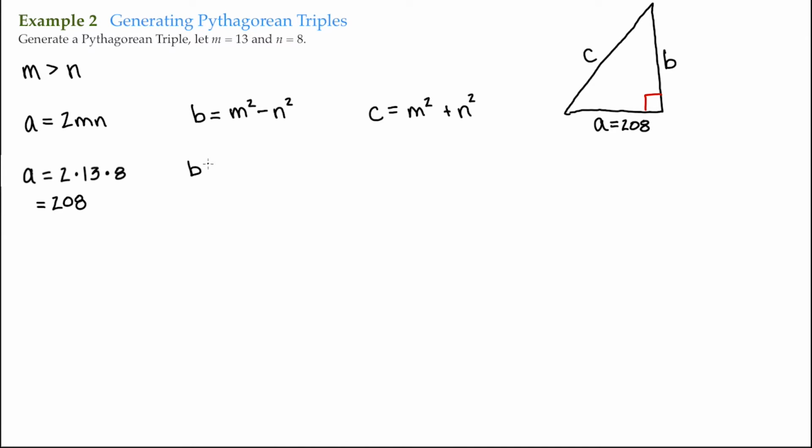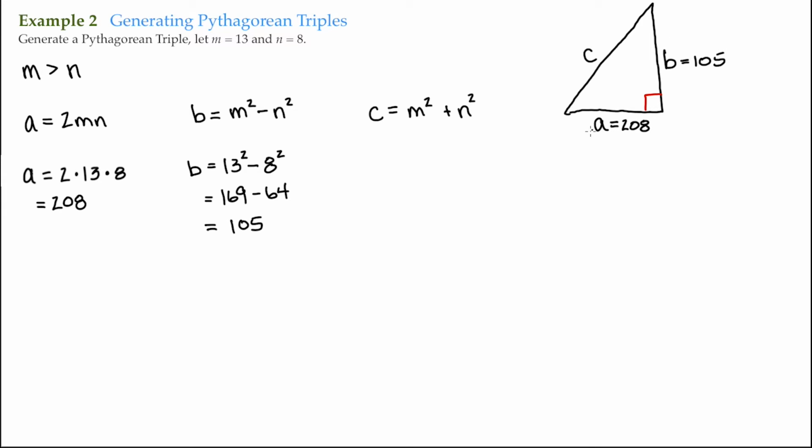Leg B is going to be m squared, that's 13 squared, minus n squared, that's 8 squared. 13 squared is 169. 8 squared is 64. 169 minus 64 is 105. So this leg would be 105.